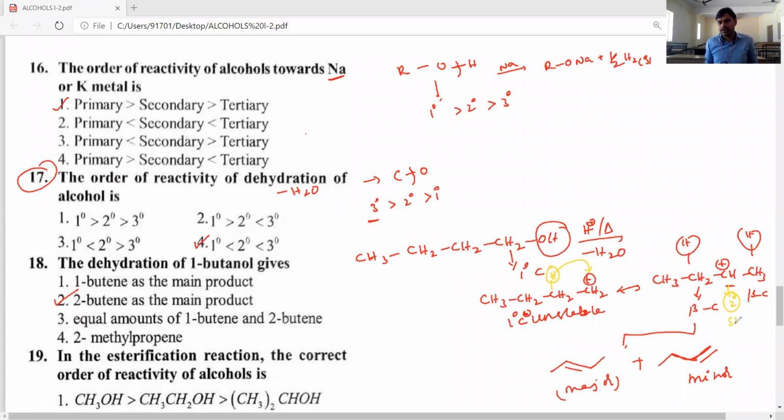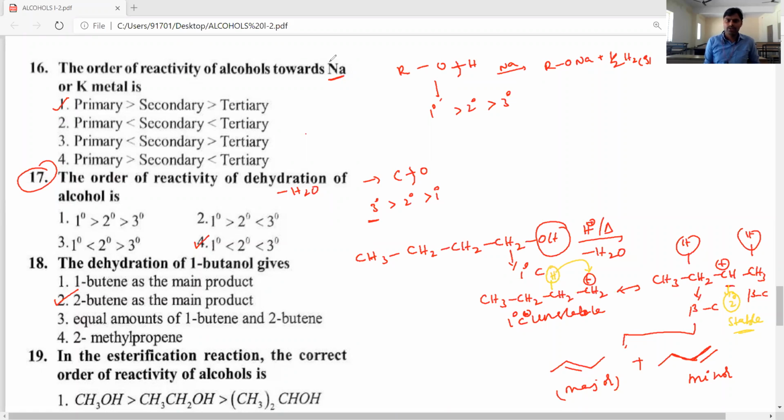Then it is stable. Okay, students. It has beta carbons on the right side and the left side. When hydrogen is removed from the inner left beta carbon, the secondary beta carbon, the product is but-2-ene. It is the more substituted alkene, so it is major. So the answer is the second.